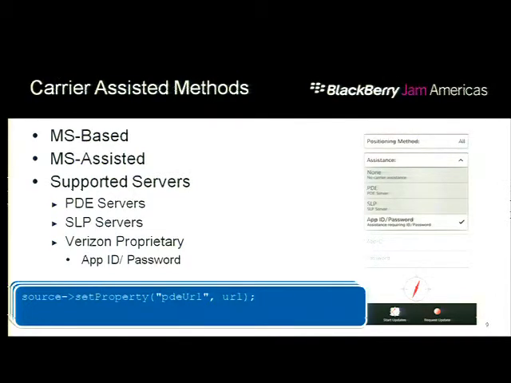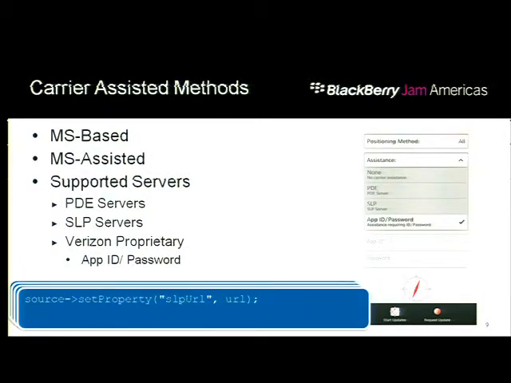It's just a different way to authenticate the developers, right? So if you get an app ID and app password, we have the code to connect to the Verizon server to authenticate your application. And once you're authenticated, you're going to start getting assistance from their PDE server. Verizon behind the scenes also does a PDE server. So that's how you set a PDE URL.